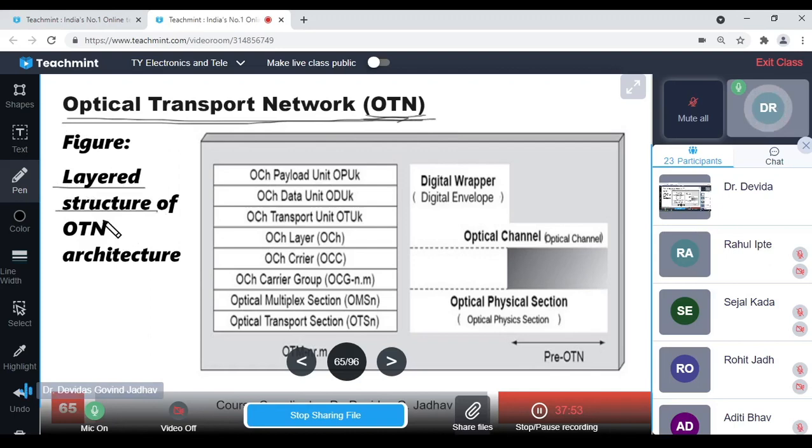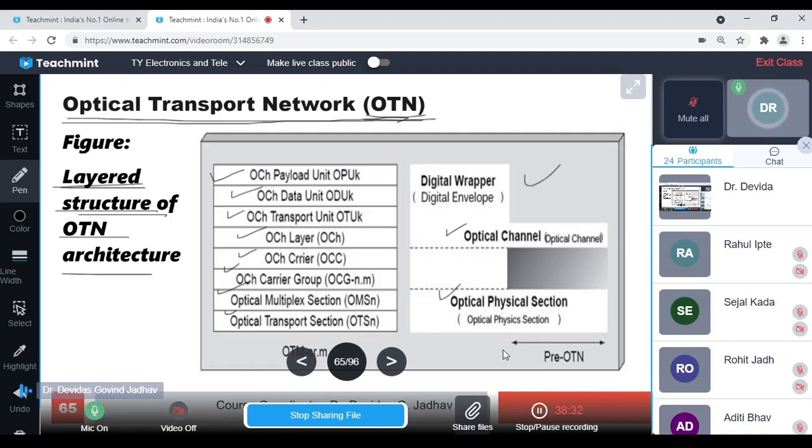The layered structure of the OTN architecture can have the OCH payload unit, OCH data unit, OCH transport unit, OCH layer, OCH carrier group, optical multiplexing section, optical transport section, and pre-OTN there may be digital wrapper, optical channel option, and then optical physical section. The digital wrapper may again have 3 sections, subdivisions.